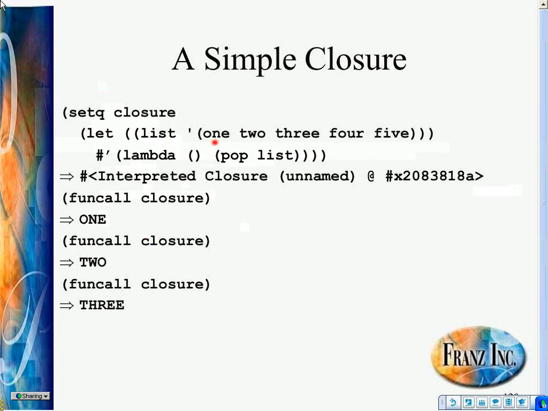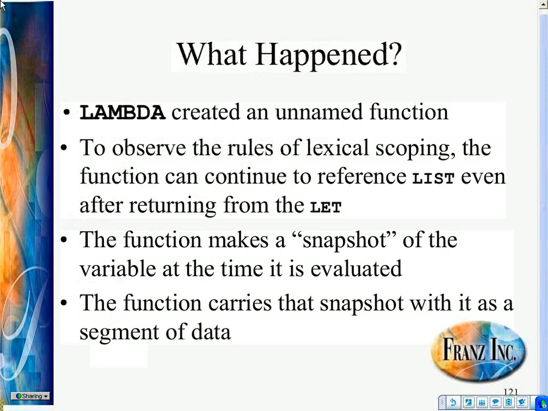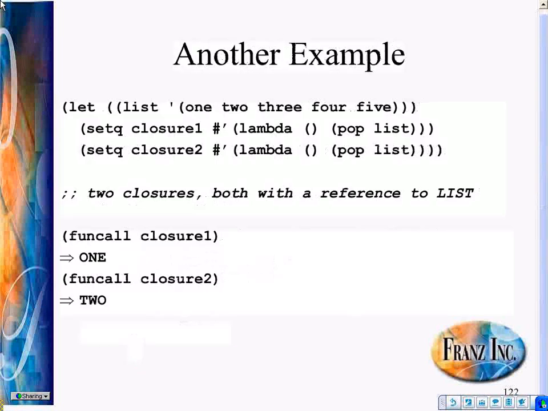If we funcall it, it is remembering this list that it was provided, and it pops it one at a time, and eventually we'll start getting nils if we keep funcalling down here. So the lambda created an anonymous function. It observes the rules of lexical scoping. The function can continue to reference the list even after returning from the let. That's the point. The function makes a snapshot of the variable.